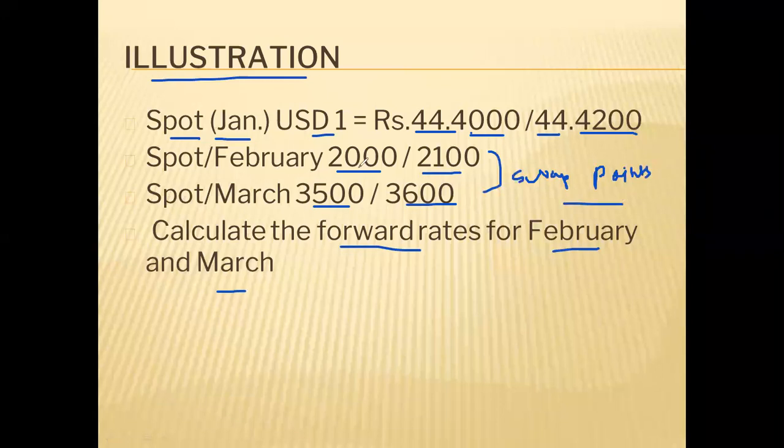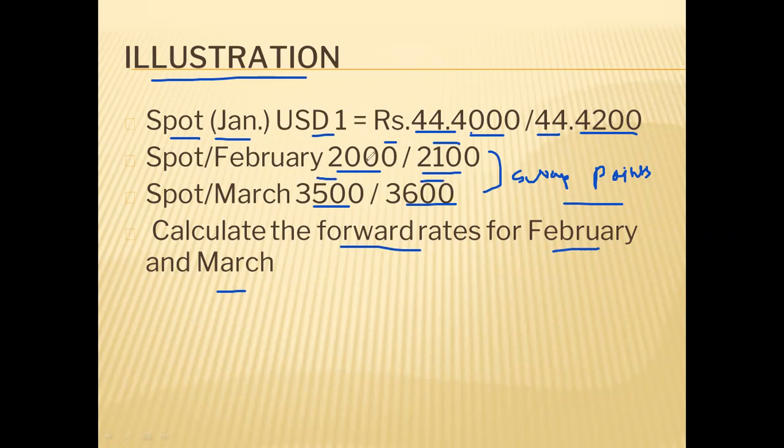Now you know the rule, if it is increasing just add. For February you see it is increasing, no, 2000, 2100, 3500, 3600. So for both March and February we will add only.